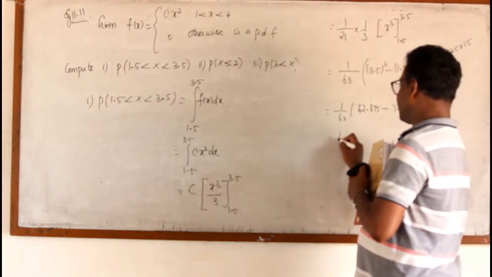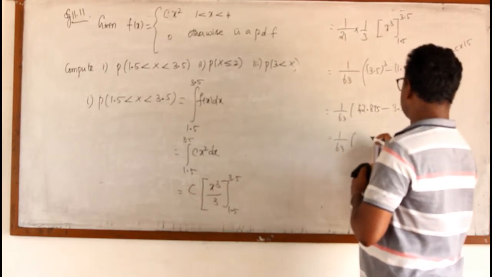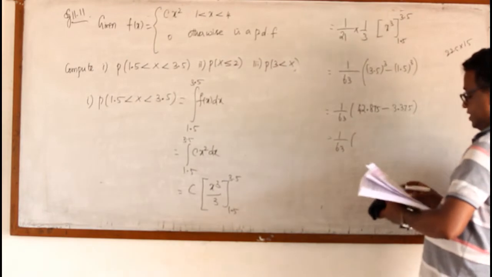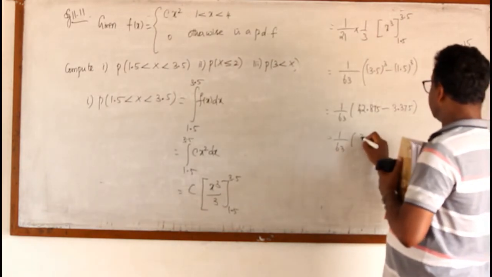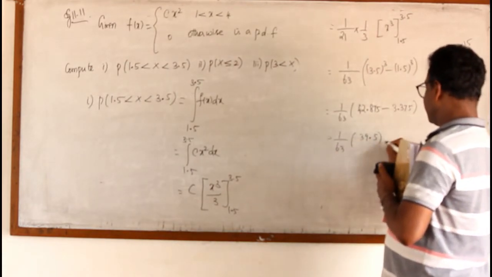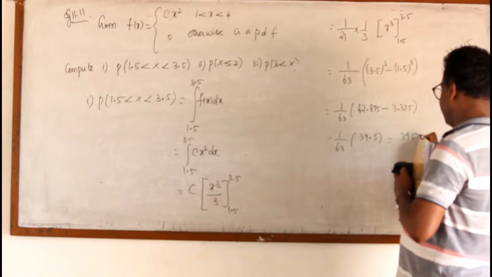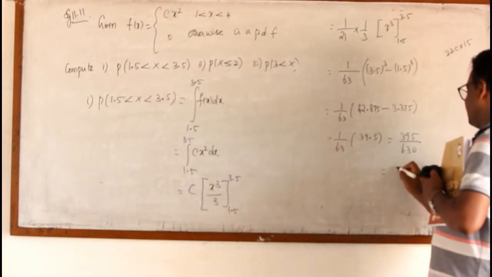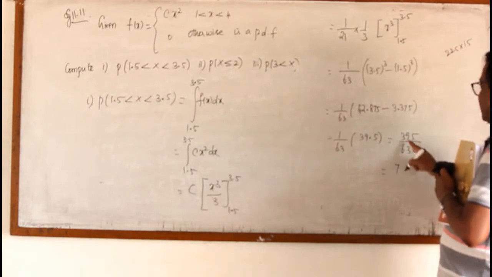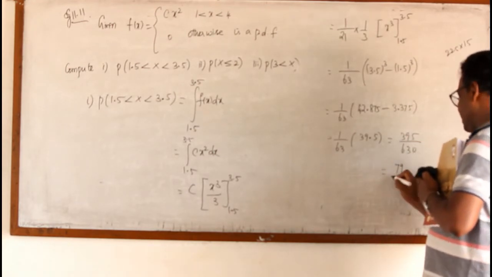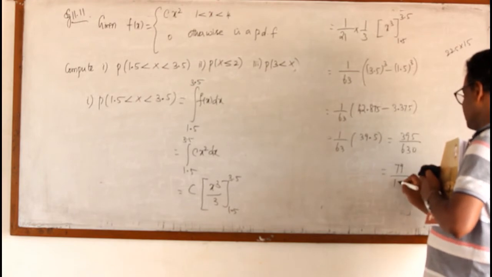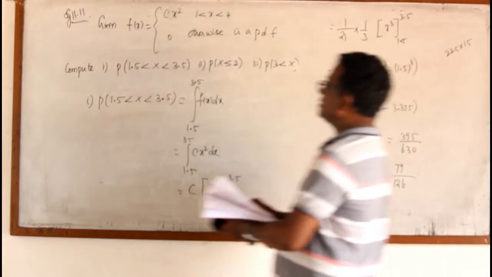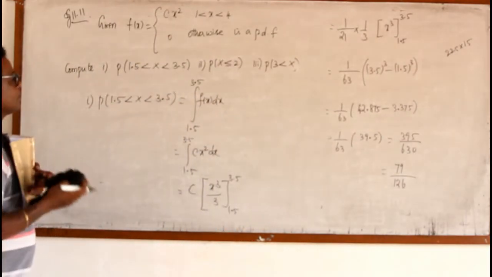So when we subtract, 1 by 63 into 42.875 minus 3.375 is 39.5. Shall I write this as 395 by 630? When you divide by 5, we get 79 by 126. This is the first question.